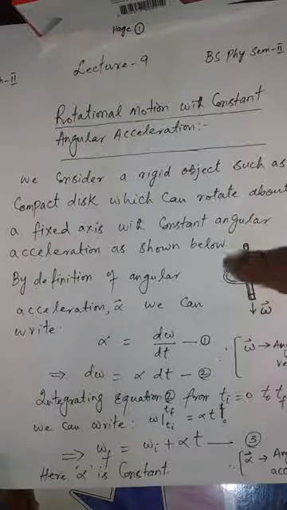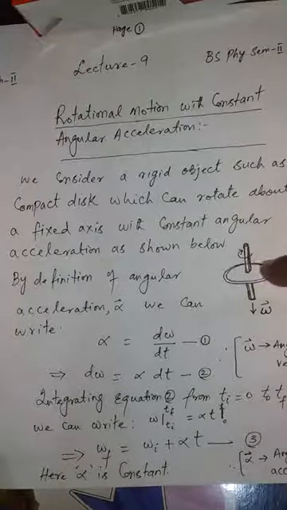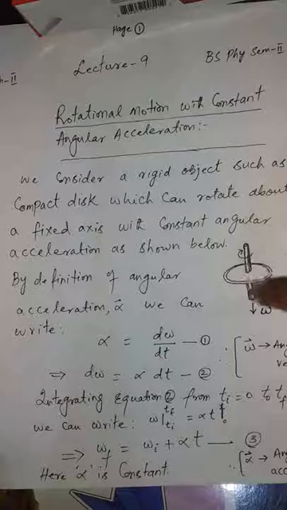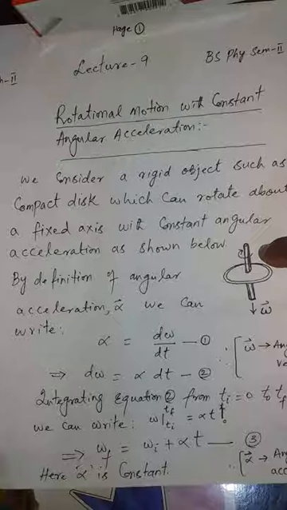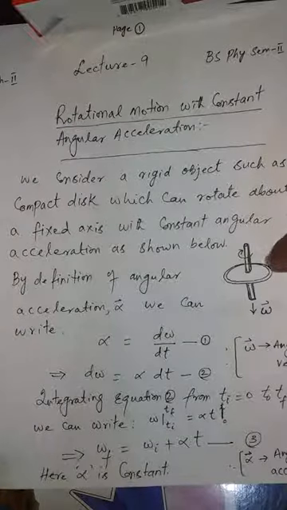Here we can see a compact disk which can rotate about this fixed axis. This is its axis of rotation, and by this arrow we can guess the direction of rotation of this compact disk, which is clockwise.